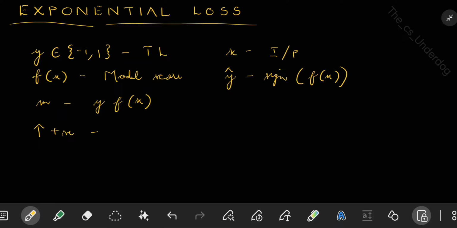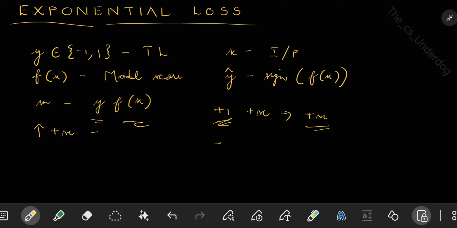How is that? Because if your y is plus 1, let us say the true label is plus 1, then ideally your f of x should be positive because you are deciding the label using sign of f of x. If f of x is positive and the true label is plus 1, then the classification is right. Plus 1 into a positive value will give you a positive value, which means the classification is right.